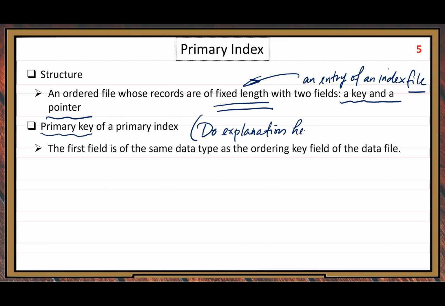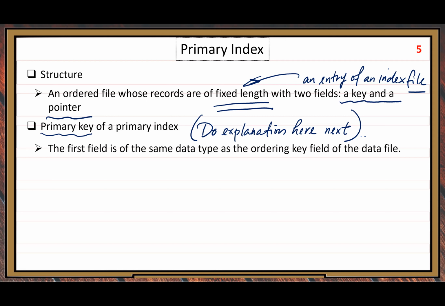Although the concept is not hard to understand, it is just confusing: the primary key, first field, ordering key, data file.